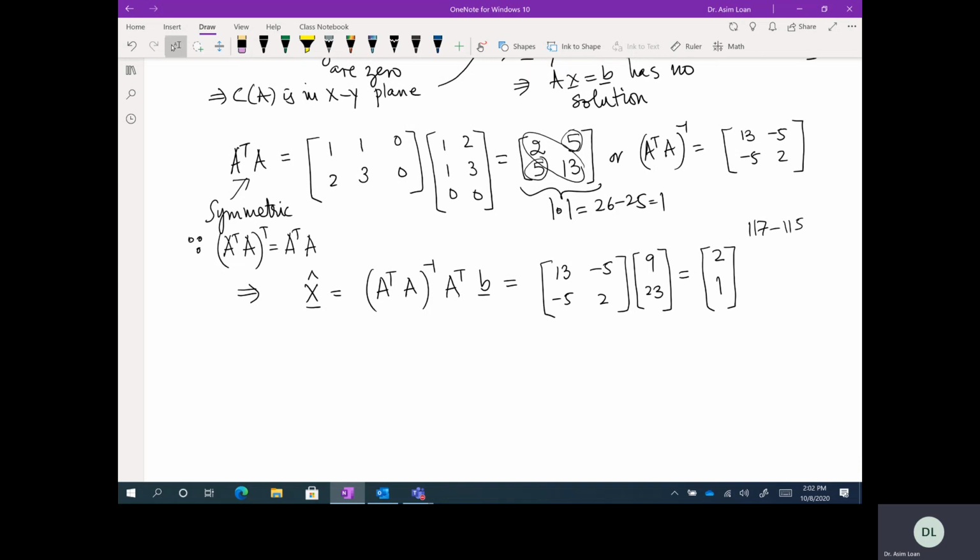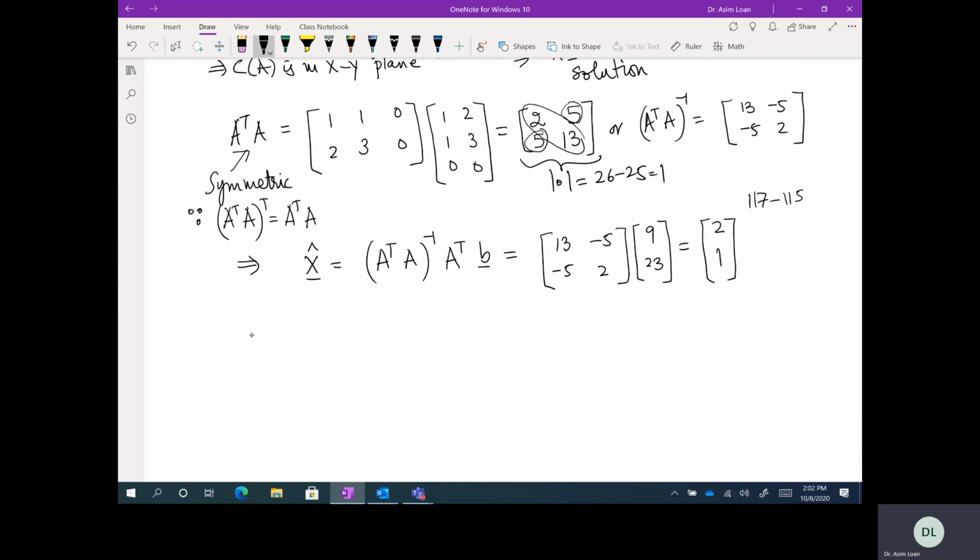So x hat is this one, and P is equal to A times x hat, which is [1 1 0; 2 3 0] into x hat, which is 2 and 1. And I get 2 plus 2, 4, 2 plus 3, 5, and obviously 0 here.